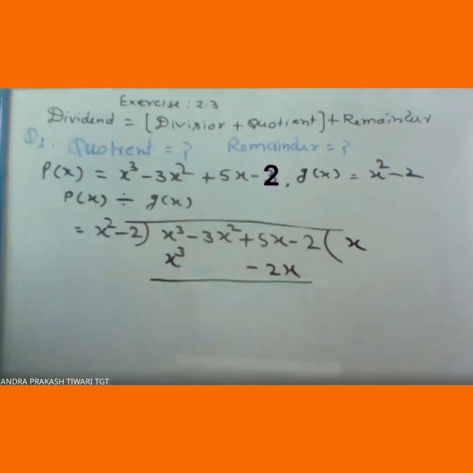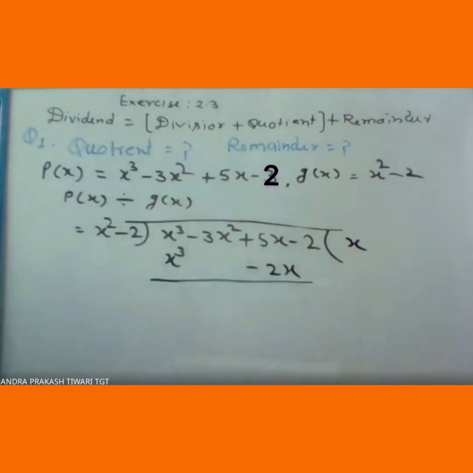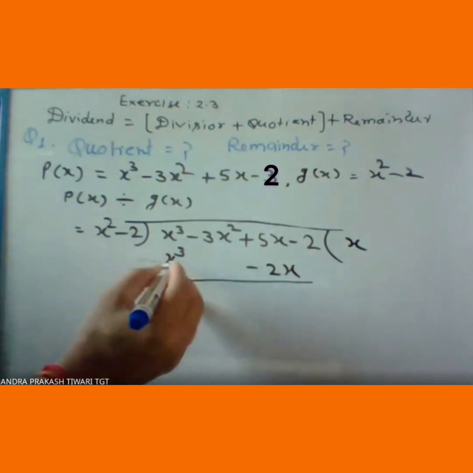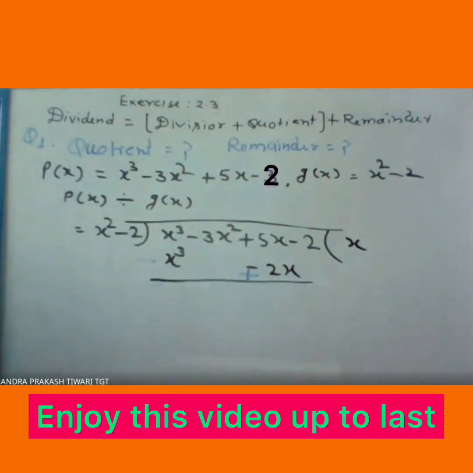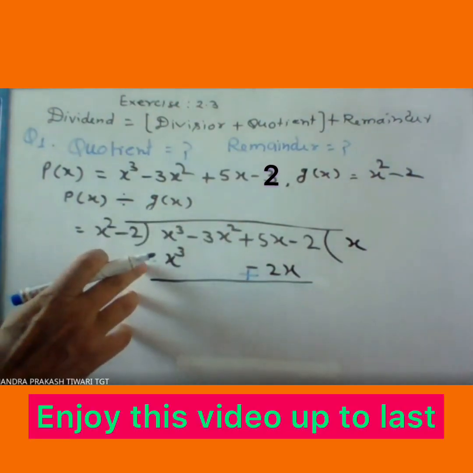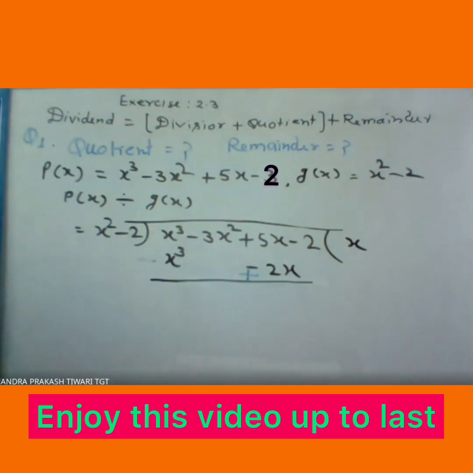Okay, so now what is the process? Now you will change the sign. Here is the positive sign of this x cube, so you will write minus, and this is the minus sign, so you will write plus here. Now you will consider these signs only.